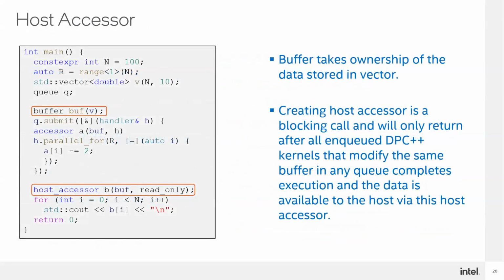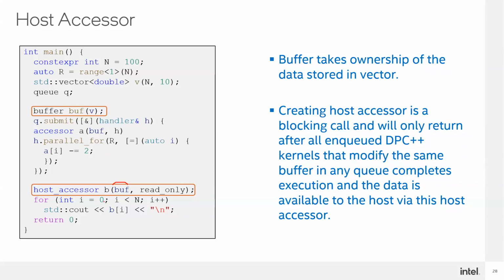So an example of a host accessor will look like this. We created a host accessor, and it means that here we are blocking until all enqueued kernels which are working with this buffer are completed. One note which I have not said yet, I guess, is that SYCL follows the asynchronous execution concept.